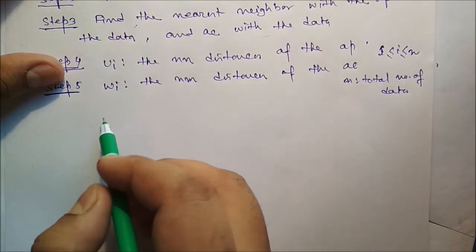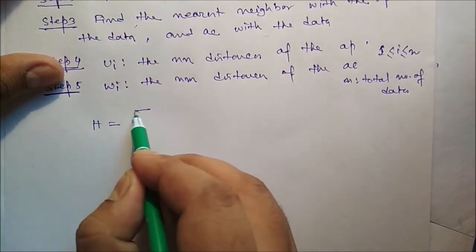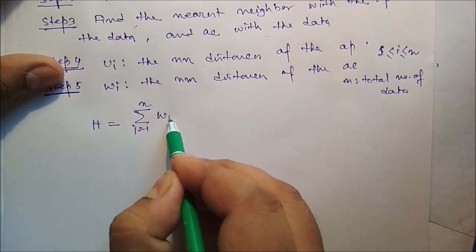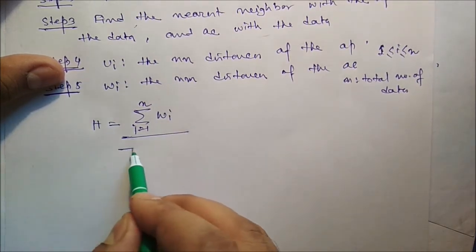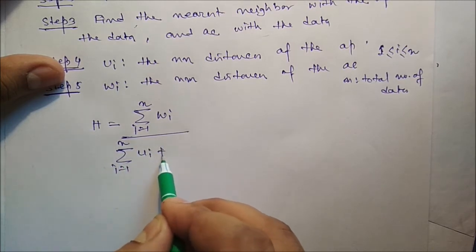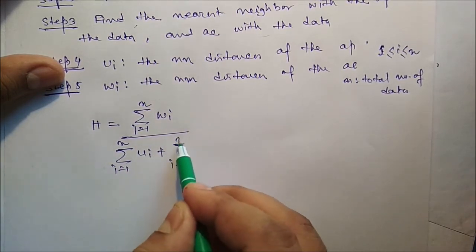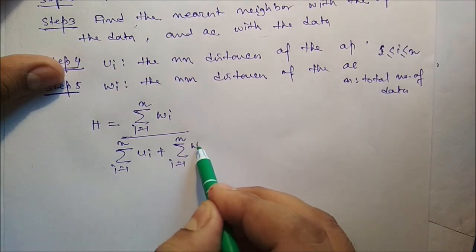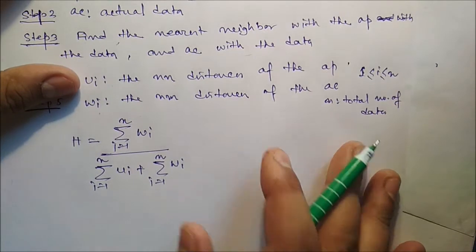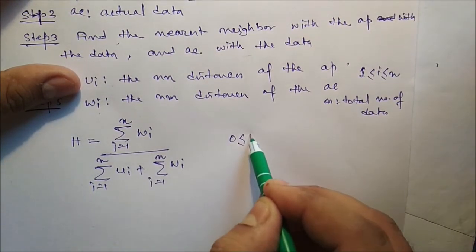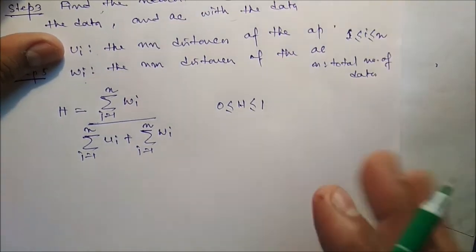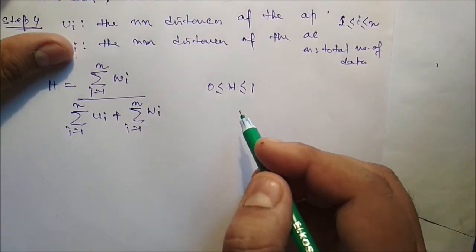Now the Hopkins statistic is H equal to the summation of 1 to n Wi divided by the summation of 1 to n Ui plus the summation of 1 to n Wi. We already know what Ui and Wi are, and the value of H should be between 0 and 1.